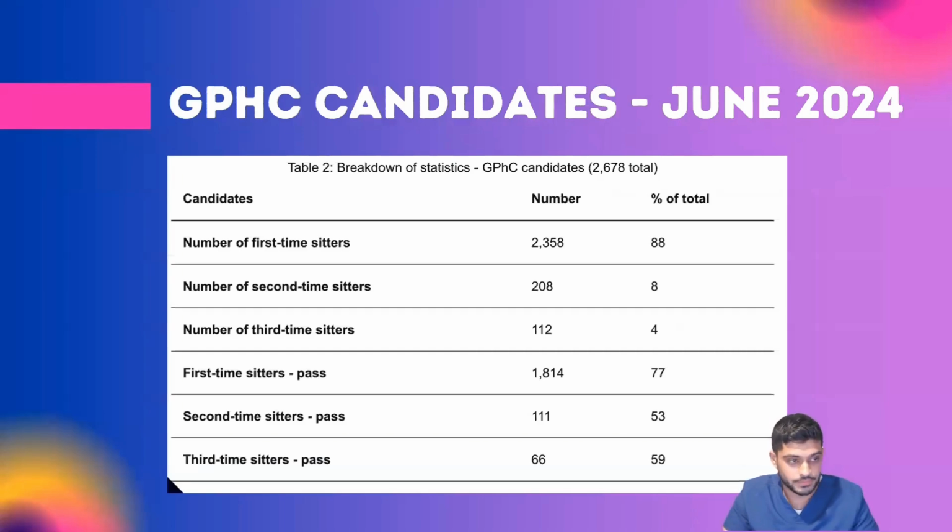Just bear with me. This matters because of the number of people sitting the assessment again in the November assessment. So let's take the November figures, for example. In the November assessment, 1,000 people sat the exam. The overall pass rate was 66%, but what percentage do you think was sitting it for the first time?